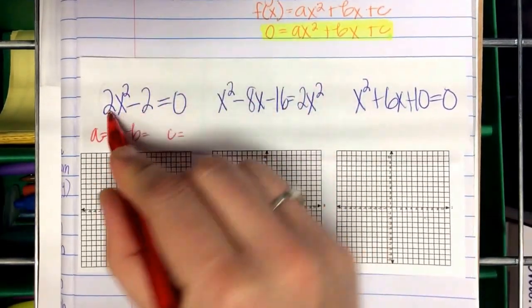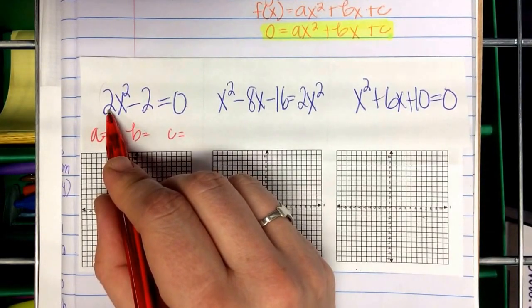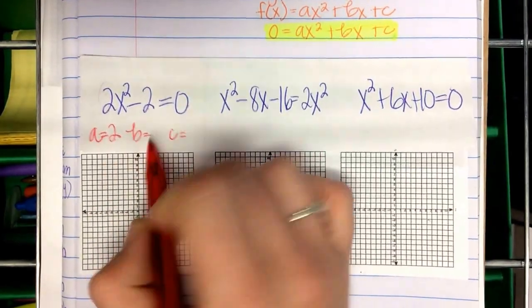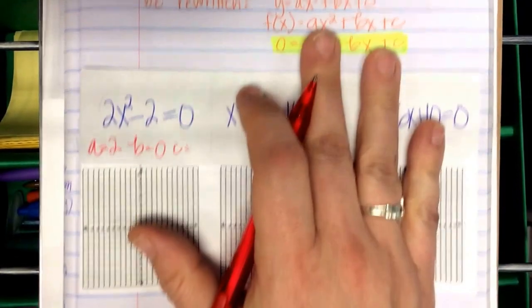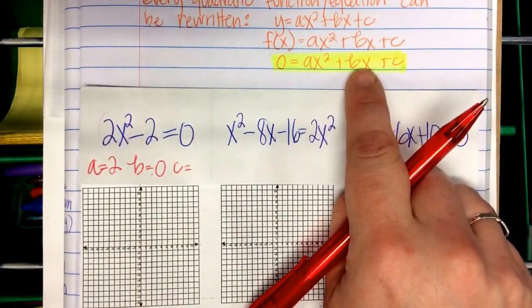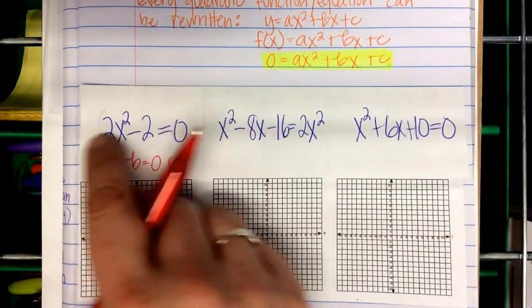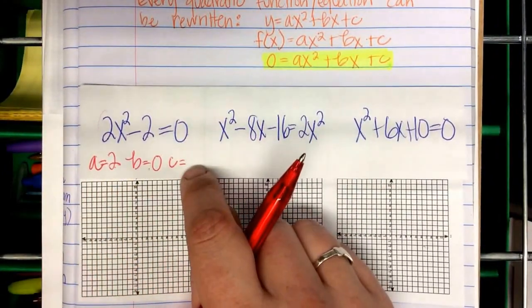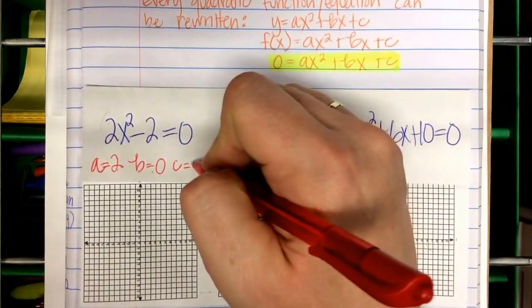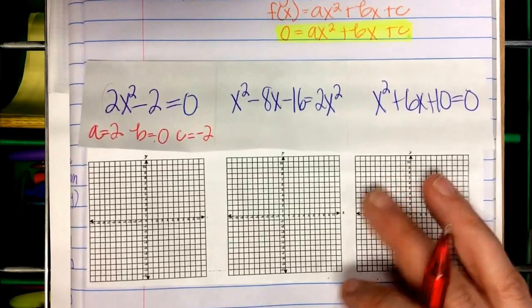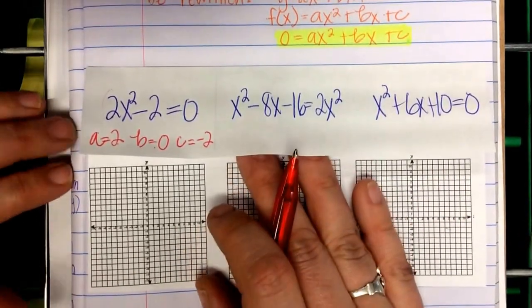Is 2. What's the B value? 0. Remember, the B value touches the x that is not squared. And in this problem, there is no x that is not squared. And what's the C value? -2. Perfect.